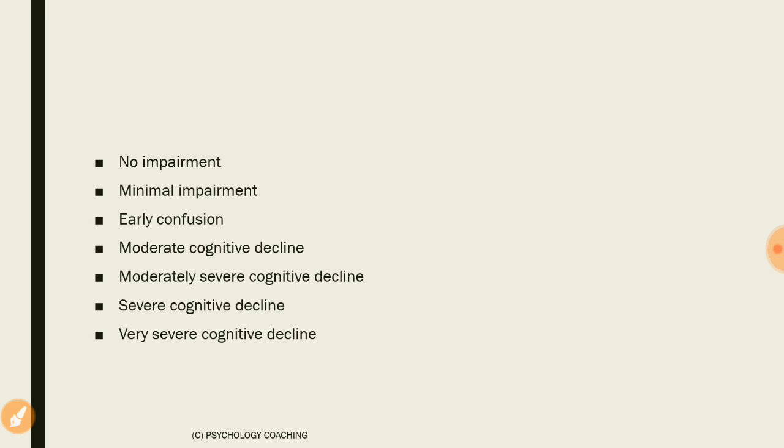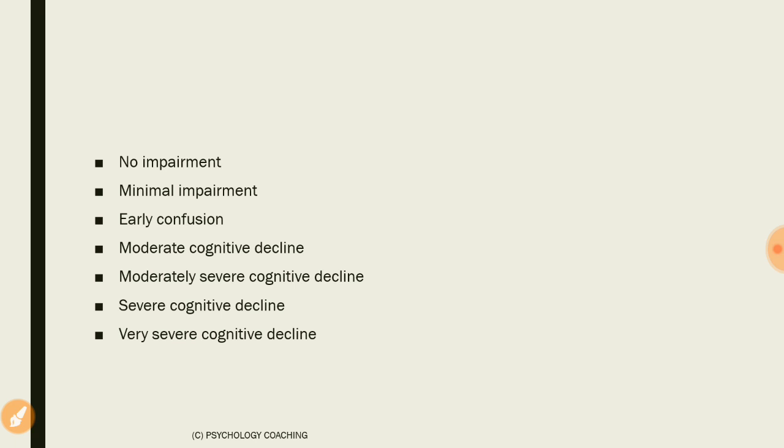The stage 6 would be severe cognitive decline. That would be moderately severe mild stage Alzheimer's disease, and its duration would be 2.5 years. Memory would continue to deteriorate at this stage, and there would be changes in personality. Virtually, they would not be aware of their presence. They cannot recall their personal histories.